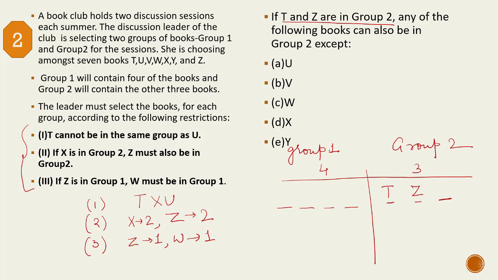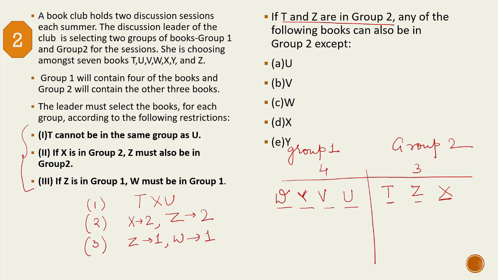Now, as I've placed T in group 2, U would be in group 1 because they cannot belong to the same group. Now, when I use condition 2, if Z is in group 2, that can only happen when X was also in group 2. So X is in group 2, so the remaining 4 members would be in group 1.